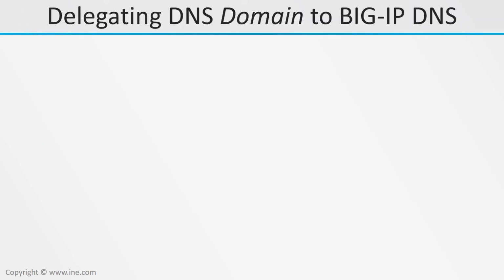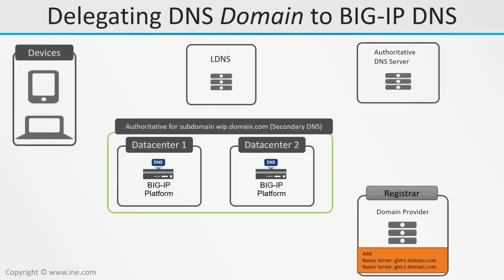Alright, let's take a look at the first example, delegating a DNS domain to the BIG-IP DNS. We'll start out with our topology. We have the clients, our local DNS server, and the authoritative DNS server, then data center 1 and 2, with an F5 DNS at each data center, and then the registrar and domain provider.